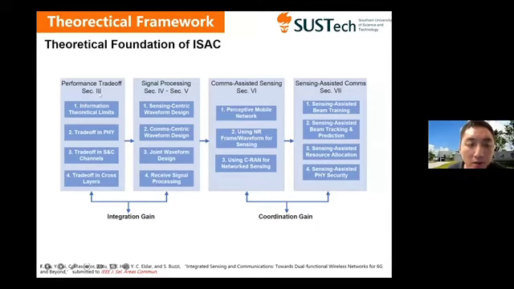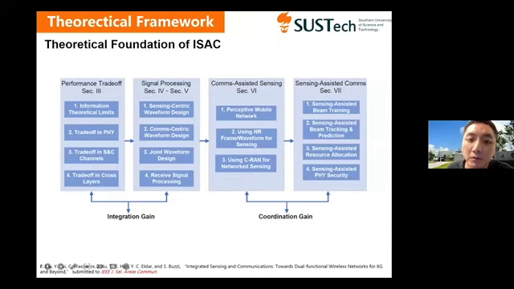Based on my understanding, the theoretical foundation of ISAC can have these aspects. We have performance trade-off, which includes basic information theoretical limits, trade-off in the physical layer, trade-off in the channels, and trade-off in cross-layer designs. And signal processing, in which case we have waveform design, receive signal processing, and communication assisted sensing.